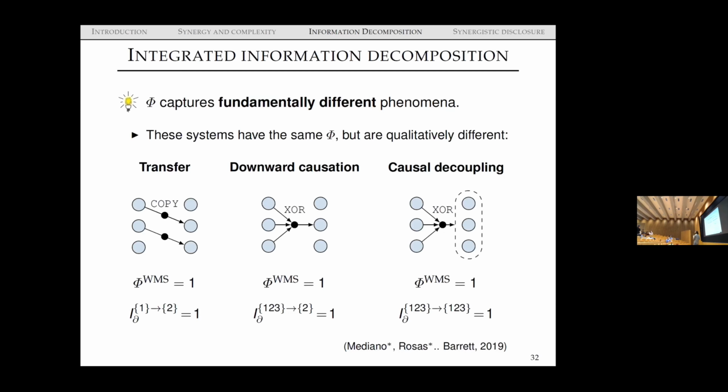So we have some of these measures that are actually scalable and relatively efficient. Computing all of them in general is only possible for very, very small systems. Yep. And these names here, transfer, downward causation, and causal decoupling, will make a lot more sense, I hope, after or during Fernando's talk.